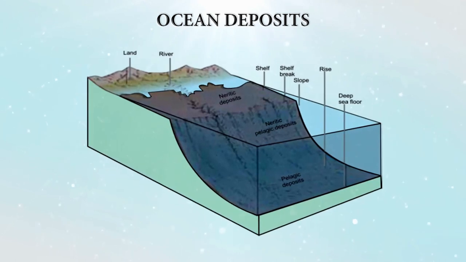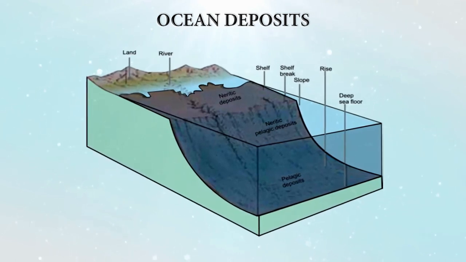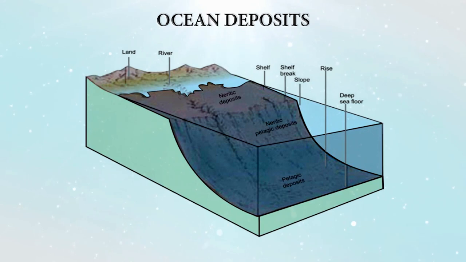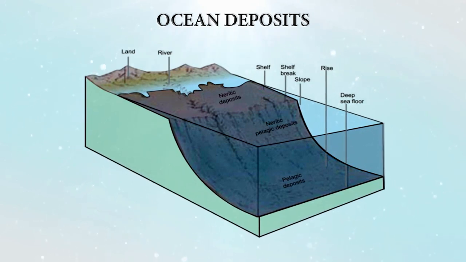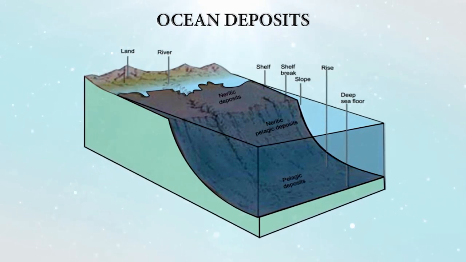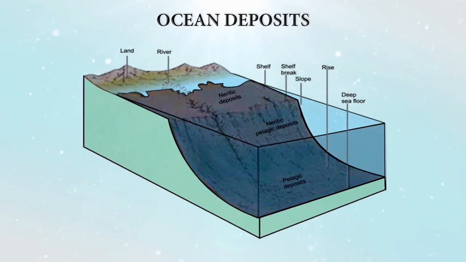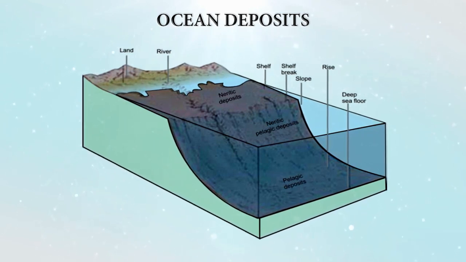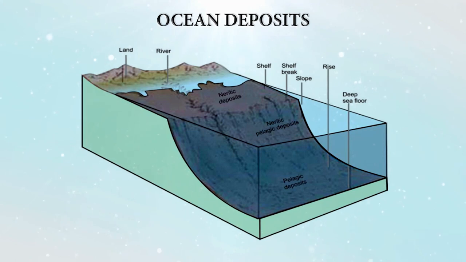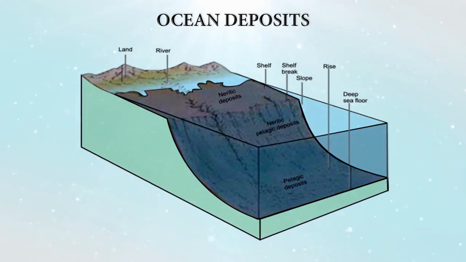The pelagic deposits mostly consist of decomposition of these organisms, and red clay also forms a part of pelagic deposits. In this figure you can see the continental shelf area is dominated by neritic deposit, then you see the continental shelf break area, and then the slope area is also having a few deposits of neritic ones.